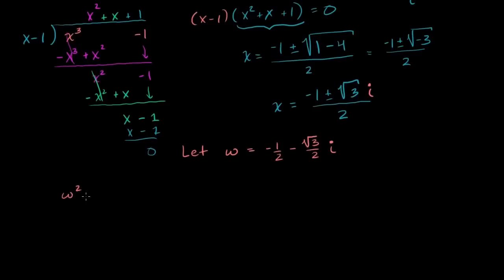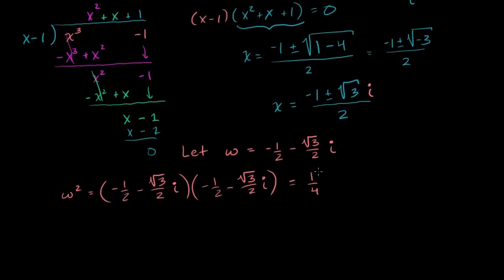So omega squared is equal to -1/2 minus square root of 3 over 2i, and this will give us good practice multiplying complex numbers, times -1/2 minus the same thing. We're squaring it. And so this is going to be equal to -1/2 times -1/2 is +1/4. And then you have -1/2 times -square root of 3 over 2i.